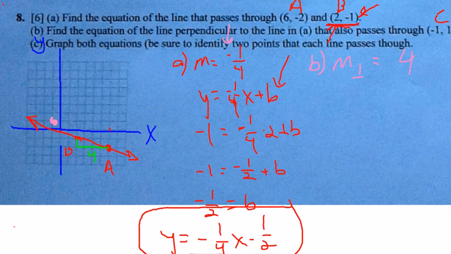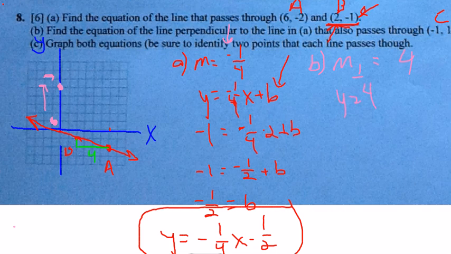Now I'm going to do it algebraically. You could do this one visually if you wanted to: you could get to a y-intercept of 5 by simply counting up and over and getting to that point right there. But I'm going to work it through anyway.